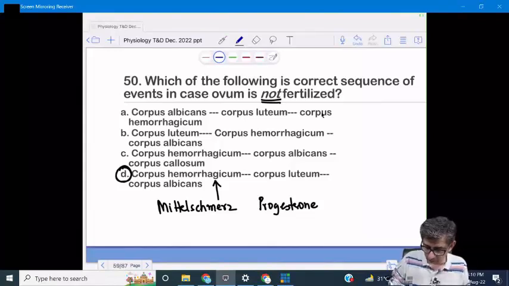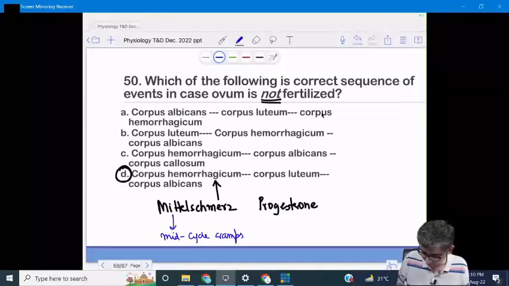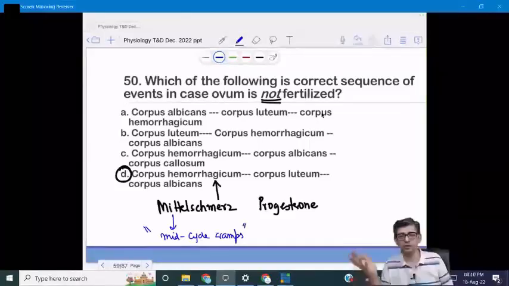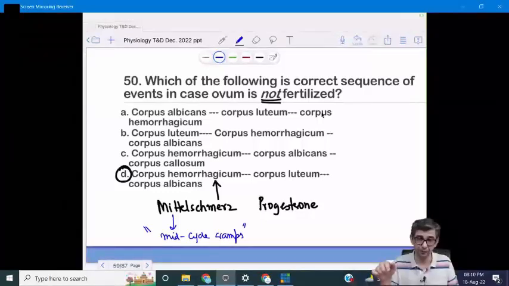This term that I've written, Mittelschmerz, is for mid-cycle cramps, which will occur around the 14th day of the cycle. Normally a woman will be having problems with cramps before the menstrual cycle or during menses. But a young female came to you and she says, sir, I have no problems whenever my periods are occurring. She says, I get it mid-cycle. Got my point, sir?